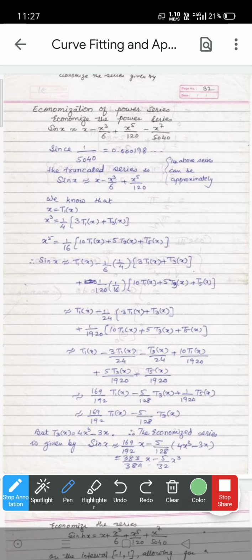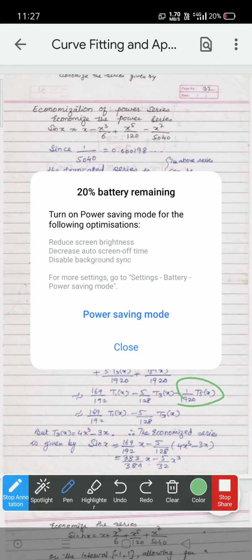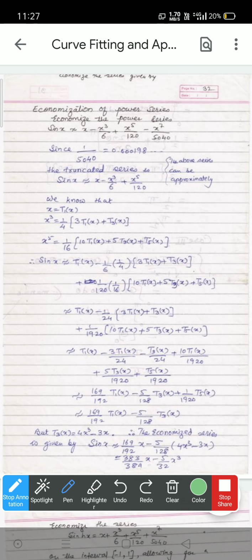So this is 169 by 192 T1(x) minus 5 by 128 T3(x). Since this is also negligible, 1 upon 1920.